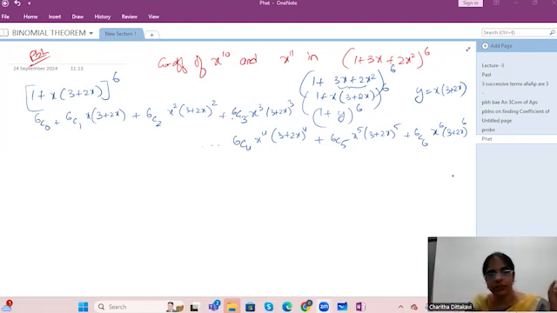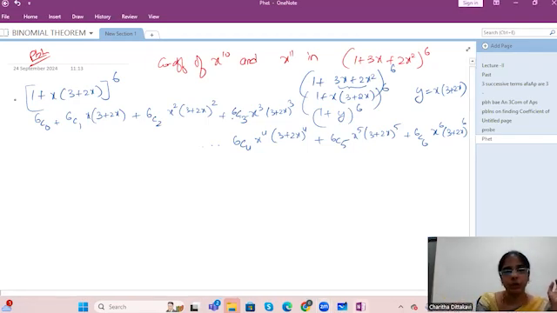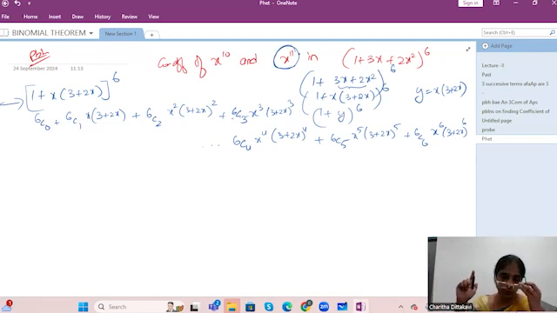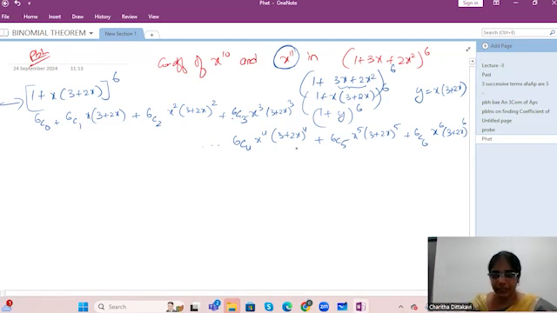So 6C0, 6C1, 6C2, 6C3, 6C4, 5 and 6. So the whole expansion is what I have written for (1 plus x into 3 plus 2x) whole to the power 6. Now we need x to the power 11. Let me do x to the power 11 first, right? Tell me, x to the power 11, how can you get it? Tell me what is the highest power in this?